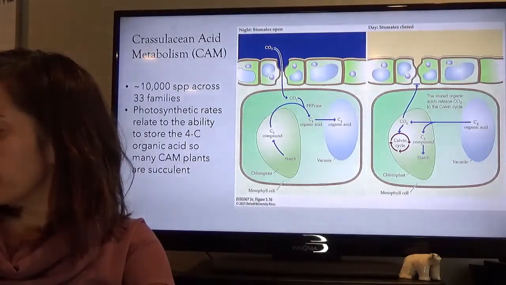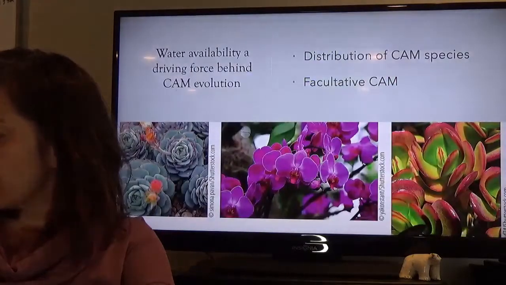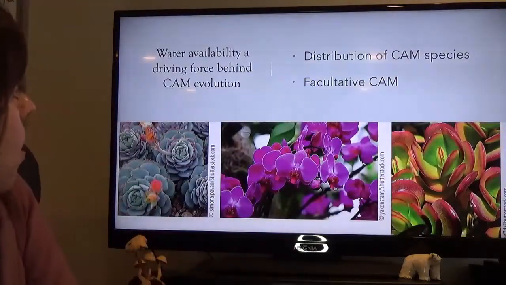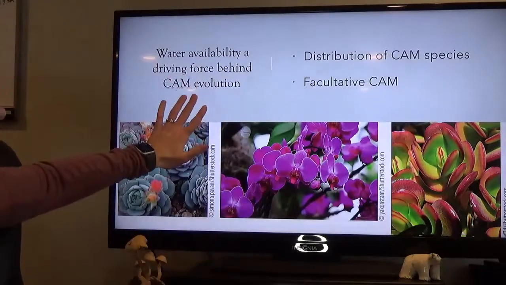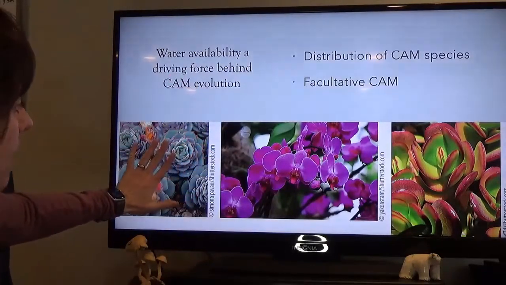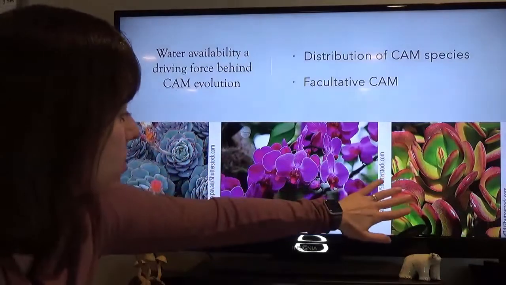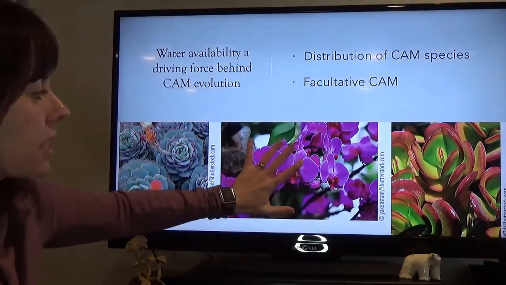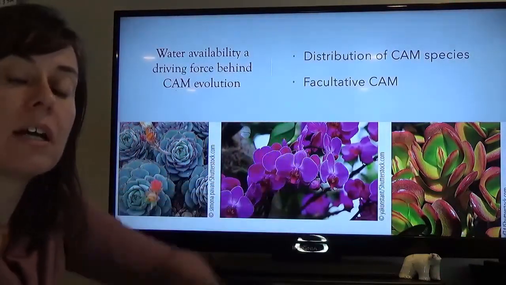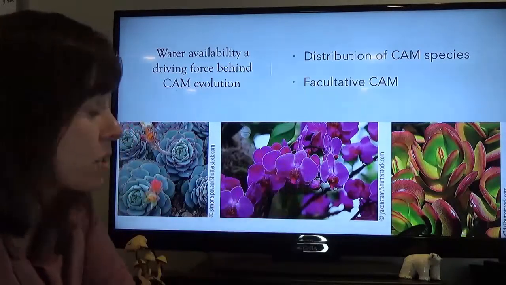The idea is that water availability is really a driving force behind the evolution of CAM. So as I mentioned, a lot of CAM plants are succulents, but we also see CAM photosynthesis used in epiphytic species like these orchids we see here.